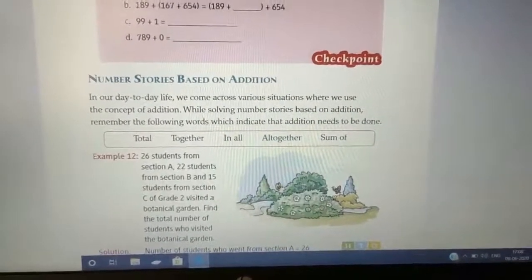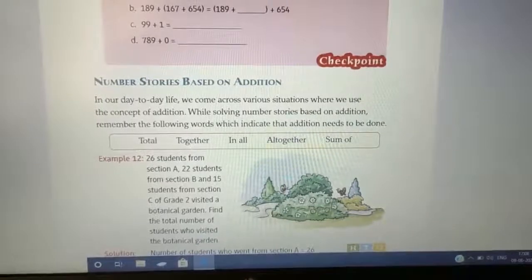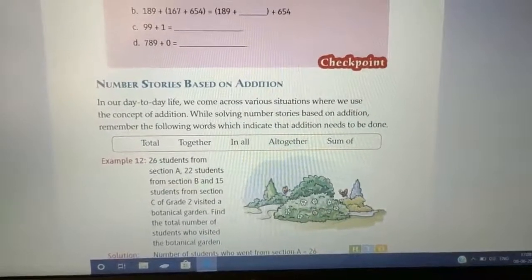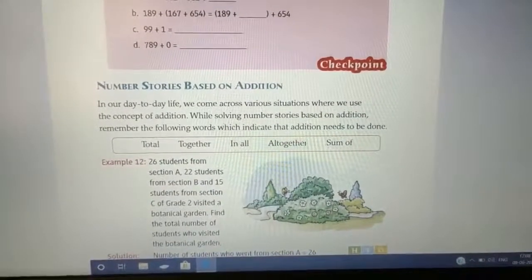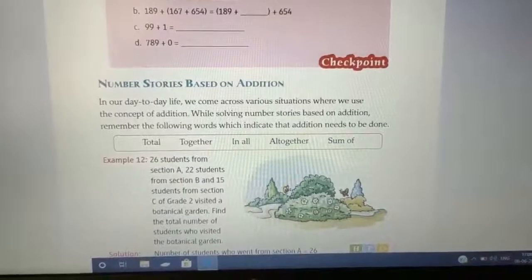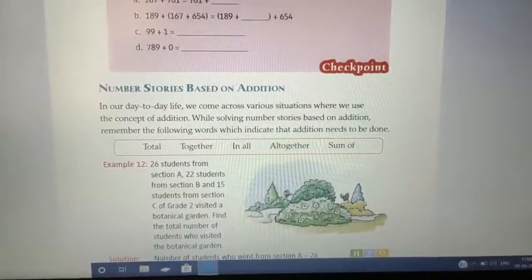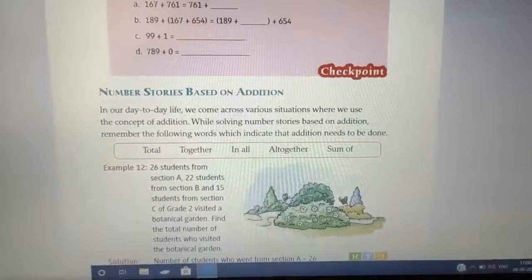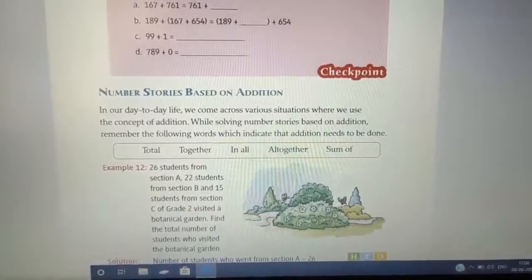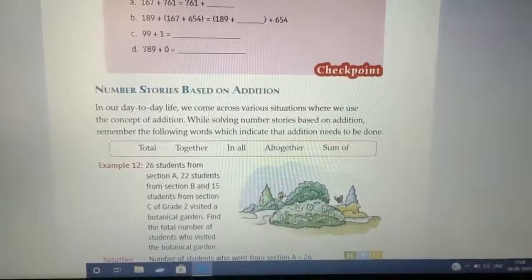Now we will start reading the part. In our day-to-day life, we come across various situations where we use the concept of addition. While solving number stories based on addition, remember the following words which indicate that addition needs to be done.